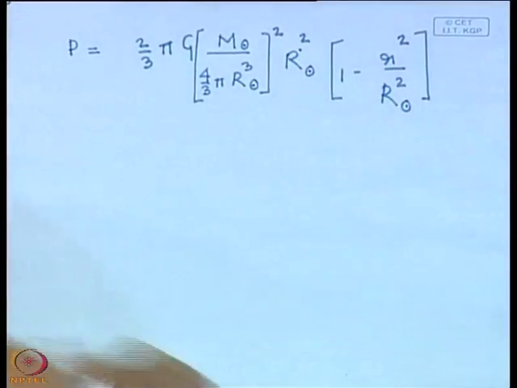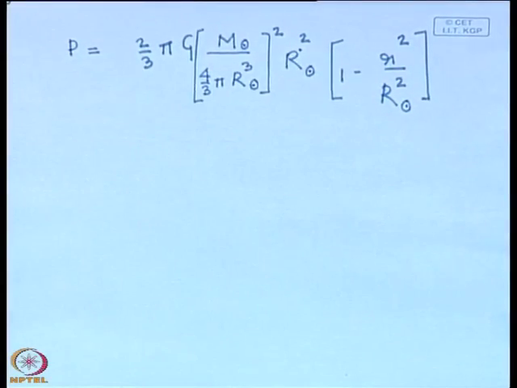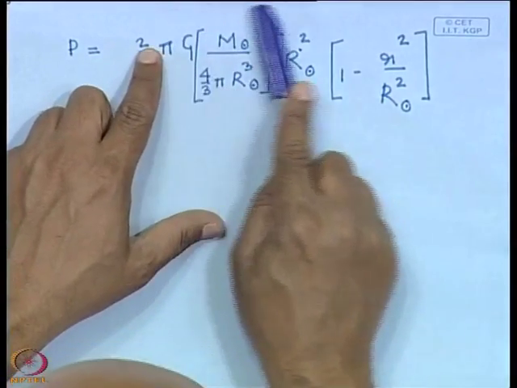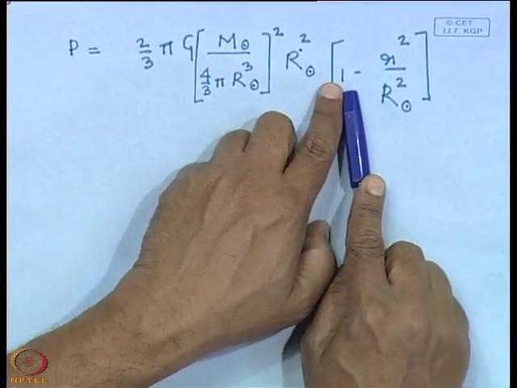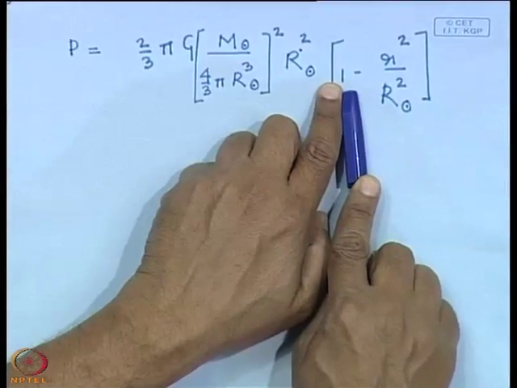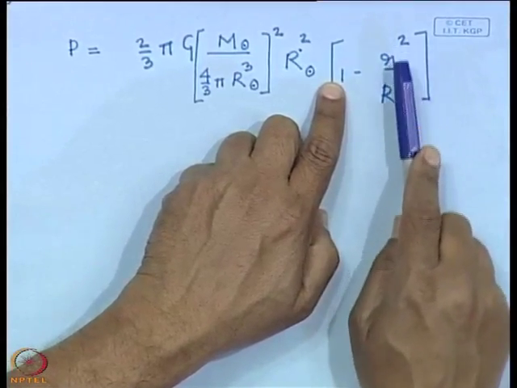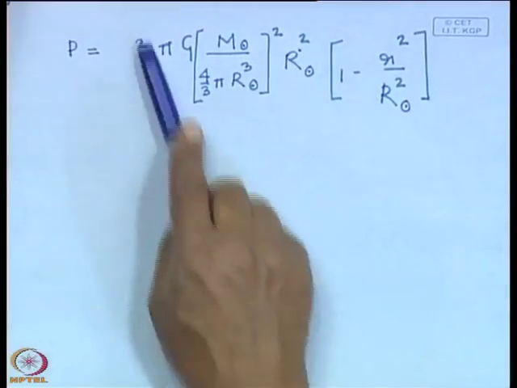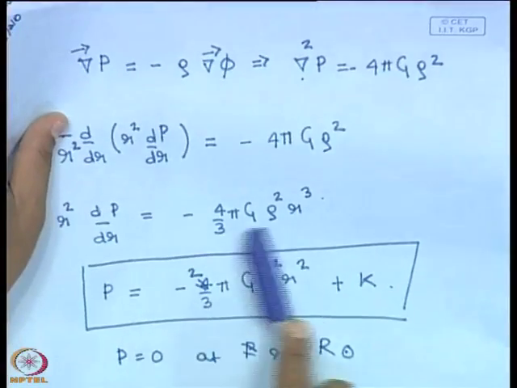So, this is the pressure inside the sun. You can see that all of this into 1 is the constant of integration, and this term into all of this is essentially just this.